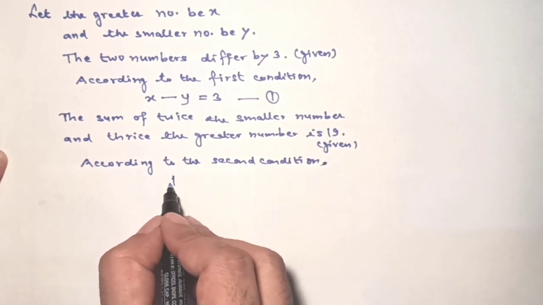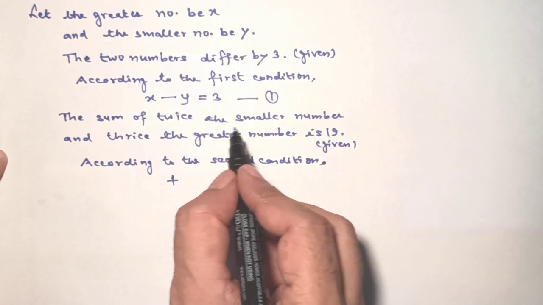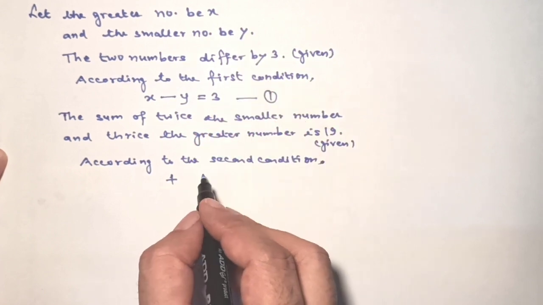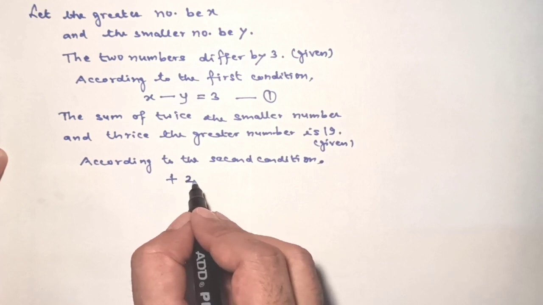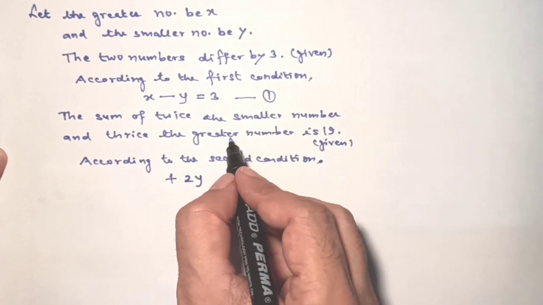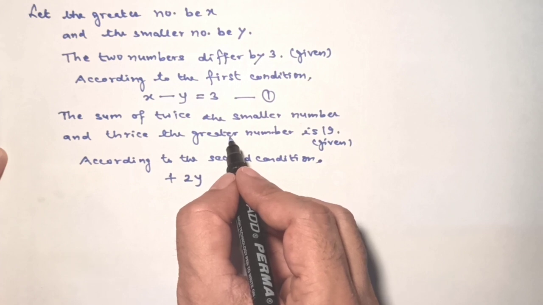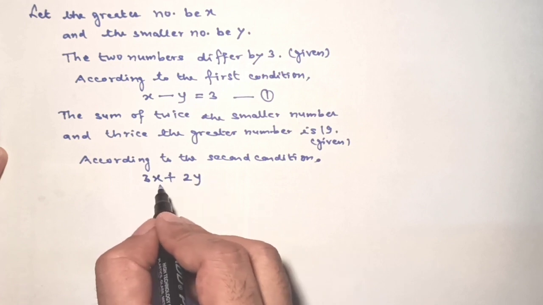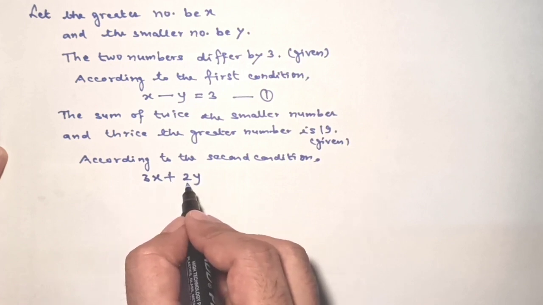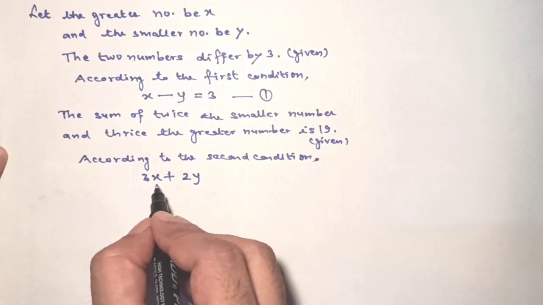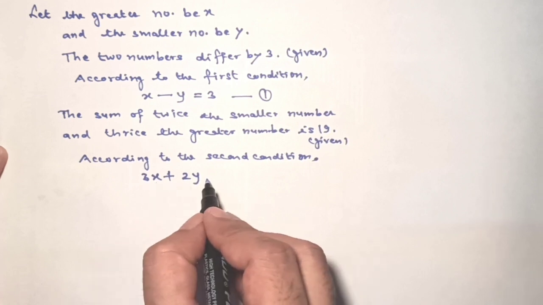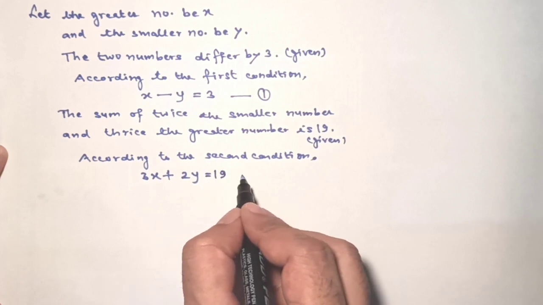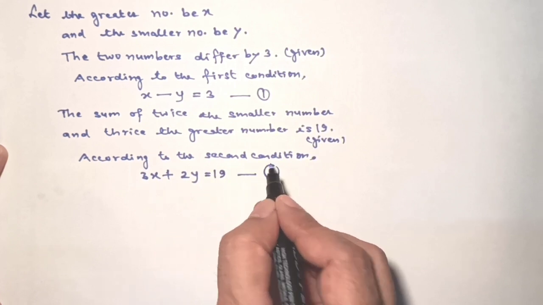Sum is plus. Twice the smaller number: your smaller number is y, so twice the smaller number is 2y. The greater number is x, so thrice the greater number is 3x. So your sum is 3x plus 2y. When you add, you get it is equal to 19. It is your second condition.